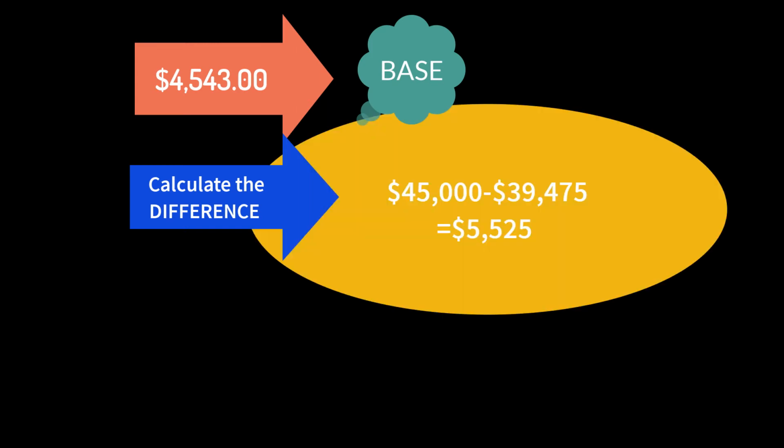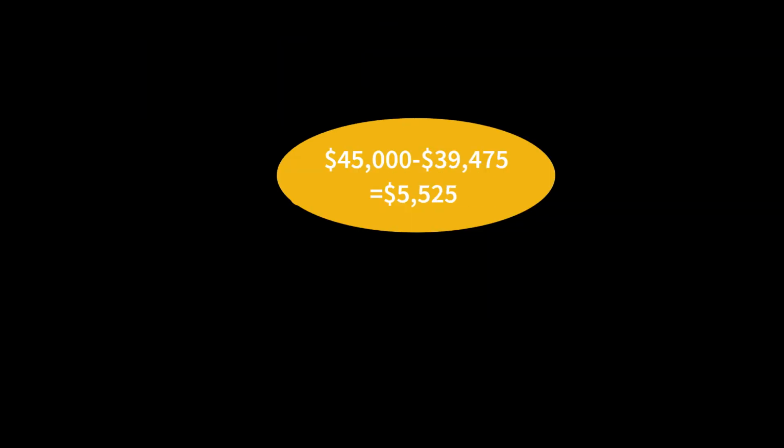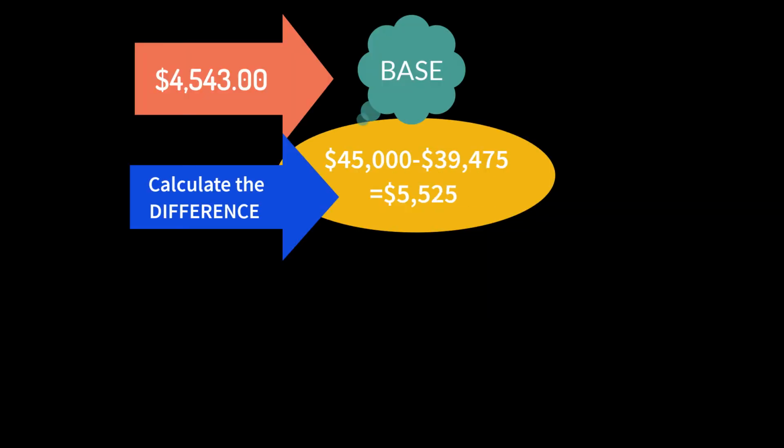So what is over that $39,475 but under $84,200? So we've got to determine the difference. The difference in $39,475 and $45,000 equals $5,525. That's what we have to calculate the additional 22% on.